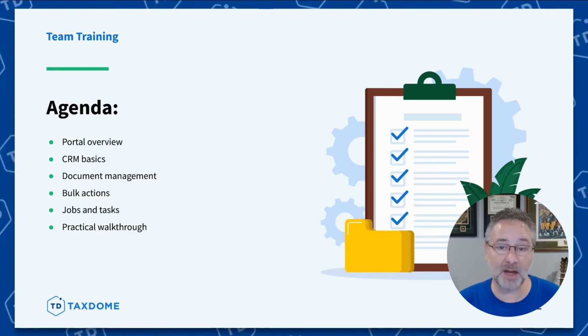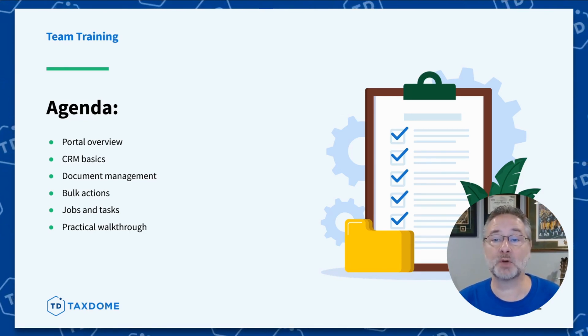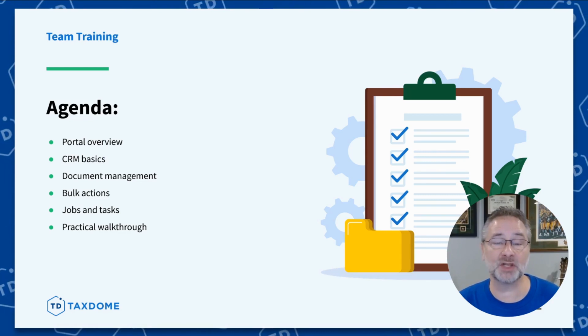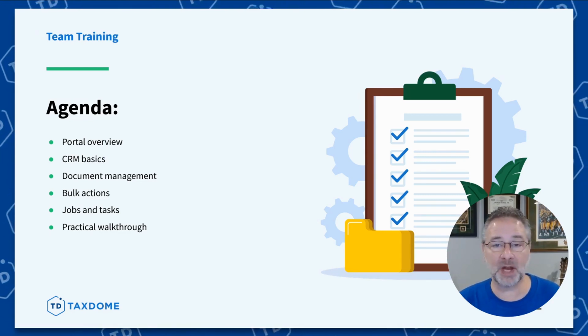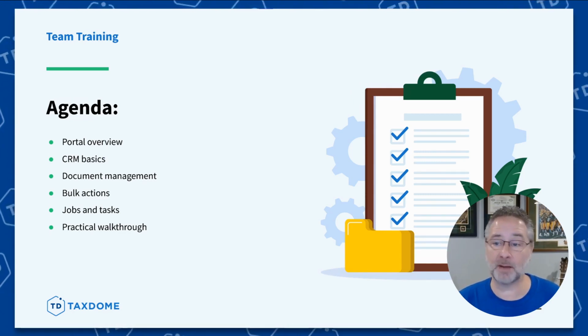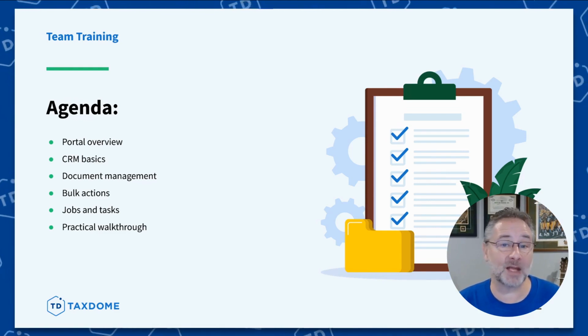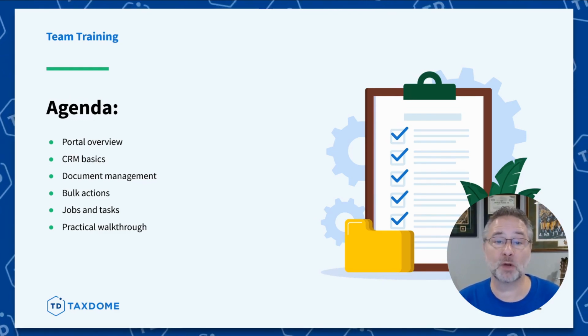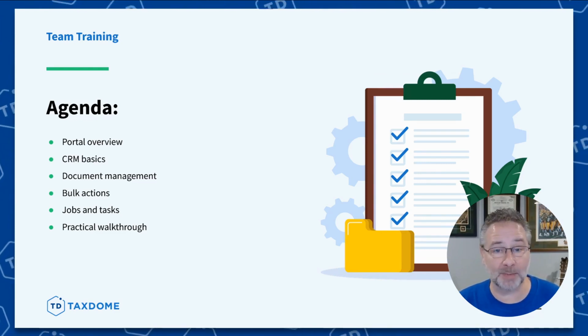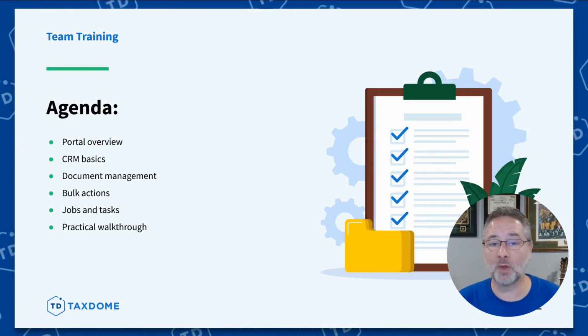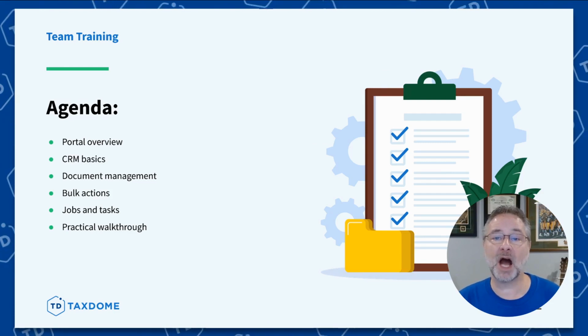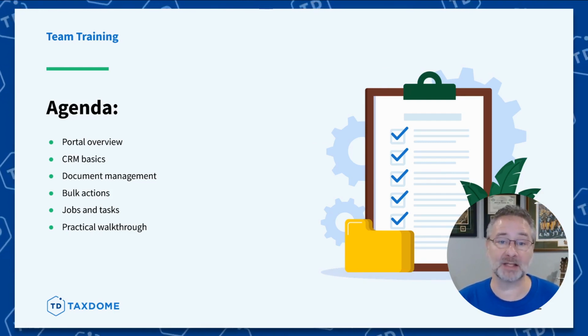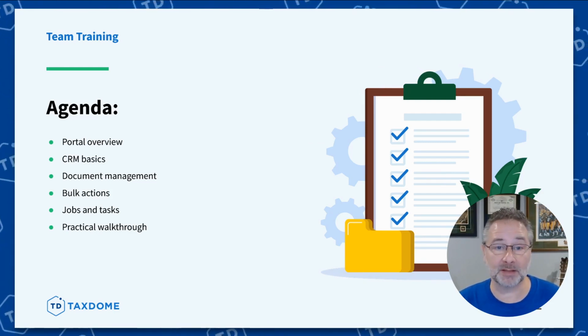Once we're done with that, we'll start focusing on the most important concepts and functions that you would be using. This will range from learning about the CRM, exploring the way documents are handled in TaxDome, using the bulk actions, and of course, creating and managing your jobs and tasks. We'll then wrap things up by summarizing a general daily work process to help you remember the most important things.